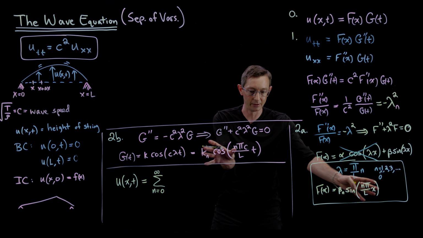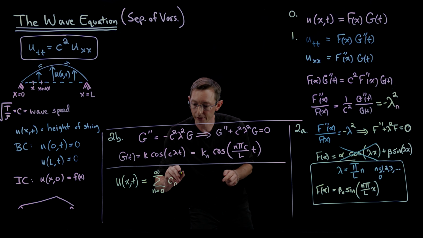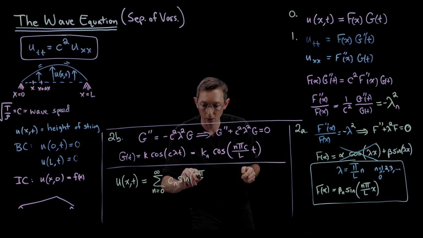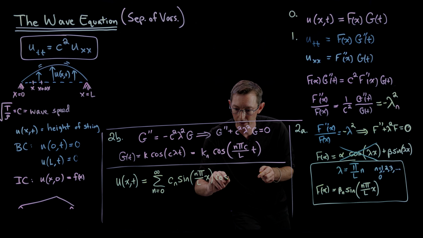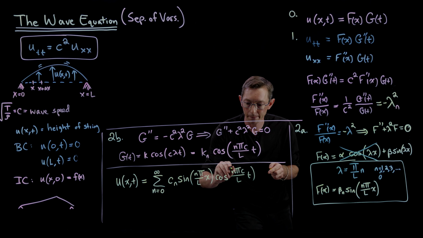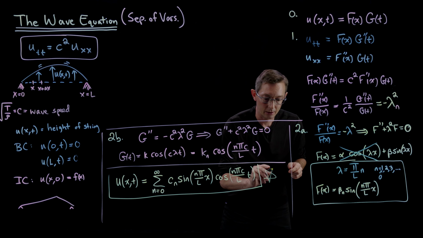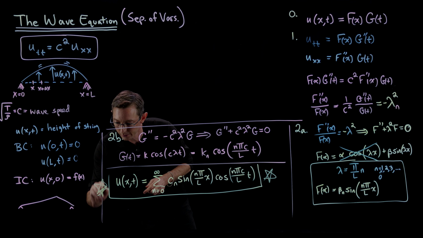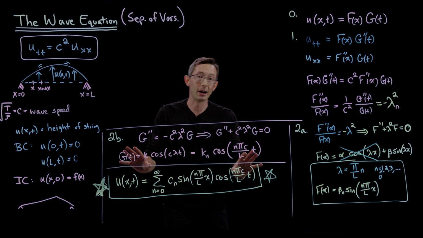I'm going to multiply these together, so that's just some constant, A n, of sine n pi over L x times cosine n pi c over L t. And this is the solution of my wave equation. That was the worst star I've ever drawn. So this is the solution of my wave equation.